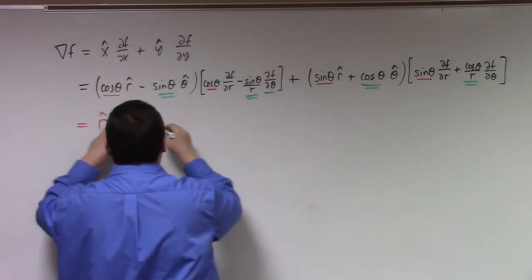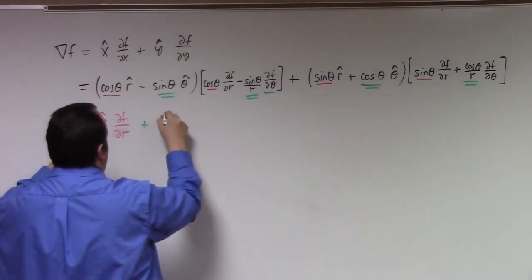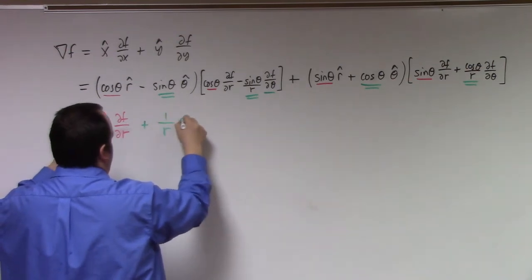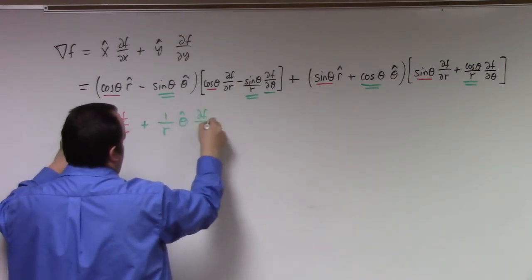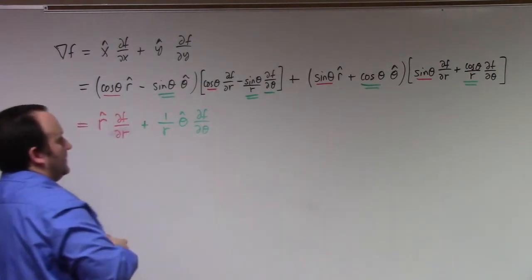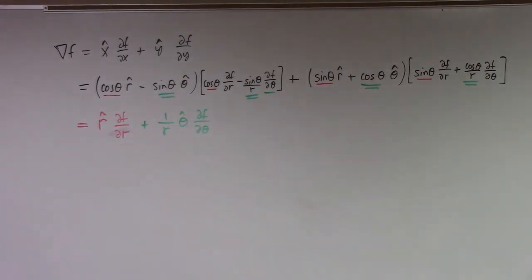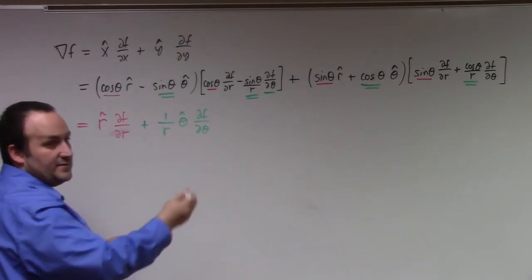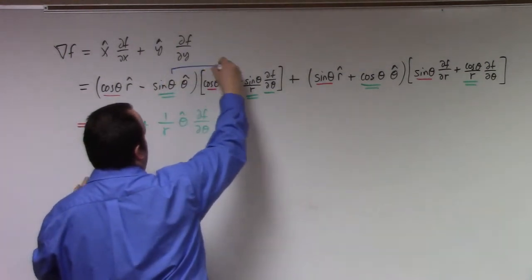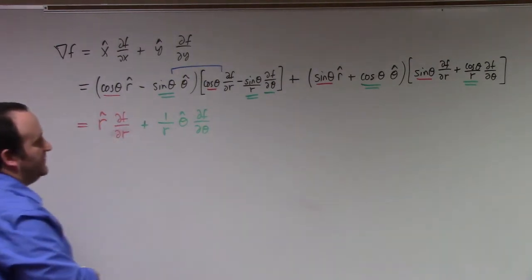So you put all that together, that gives me a 1 over r theta hat, partial f, partial theta. And what else is there? Cross terms, things like this times this, which cancels with what?